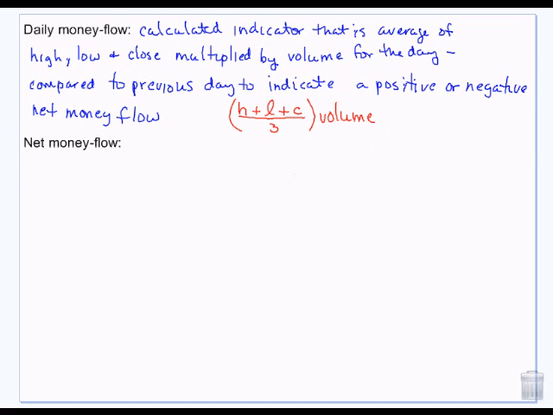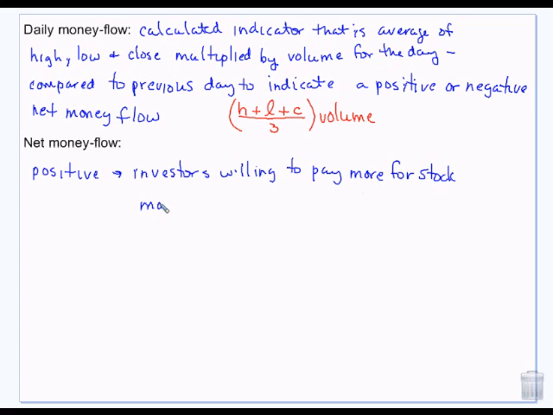Okay. Now that gives us a net money flow. And if the net money flow is positive, that means that investors were willing to pay a price above market. So investors are willing to pay more, so more purchases on upticks.